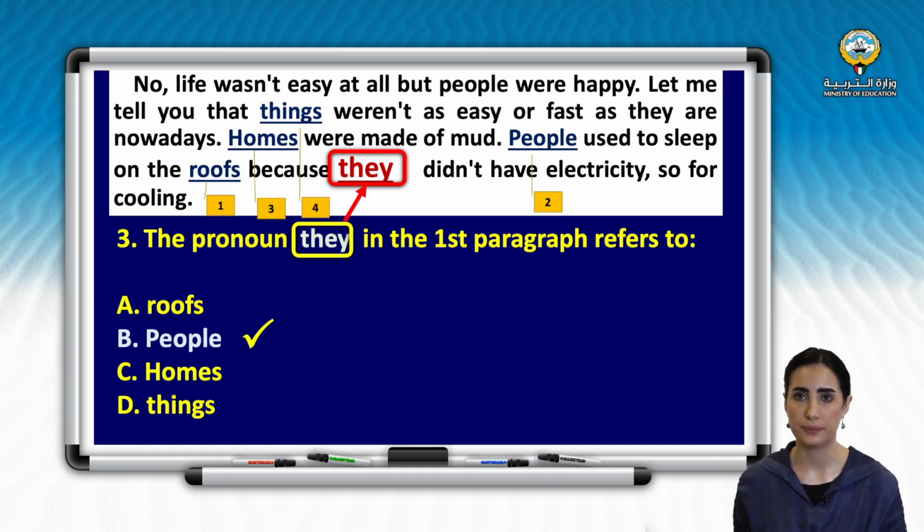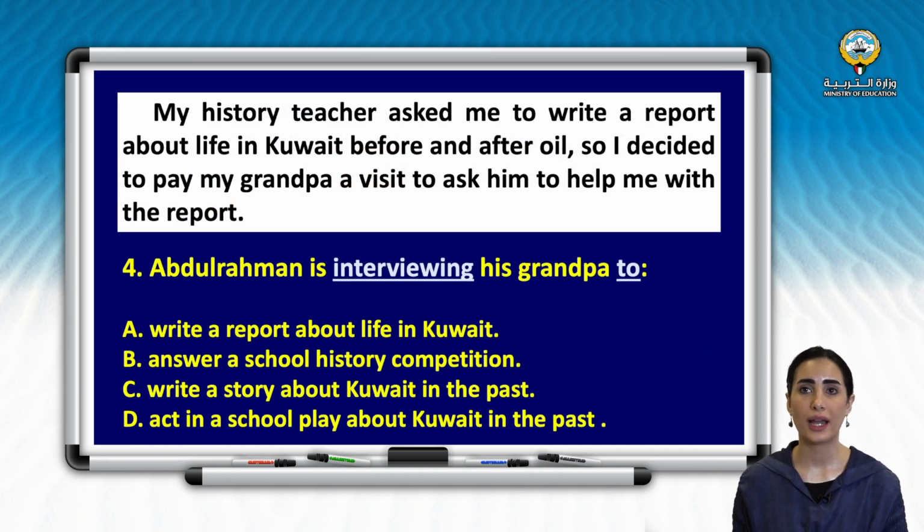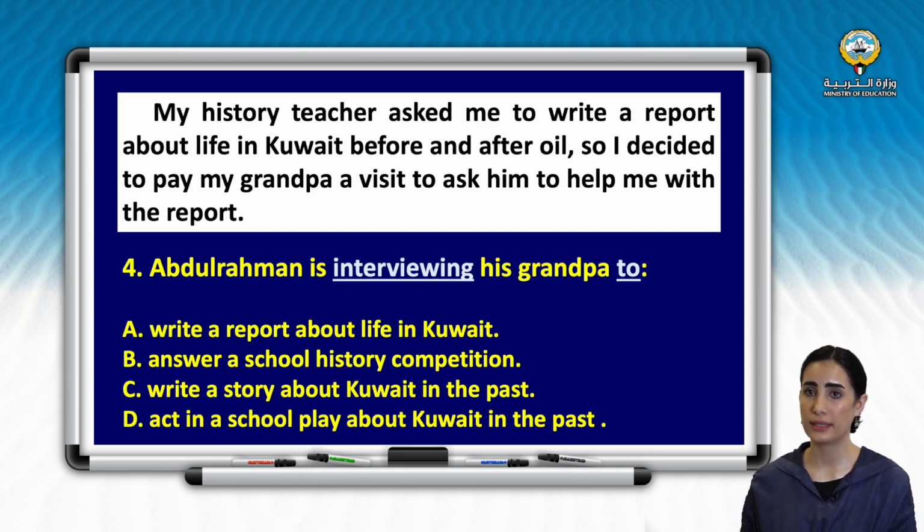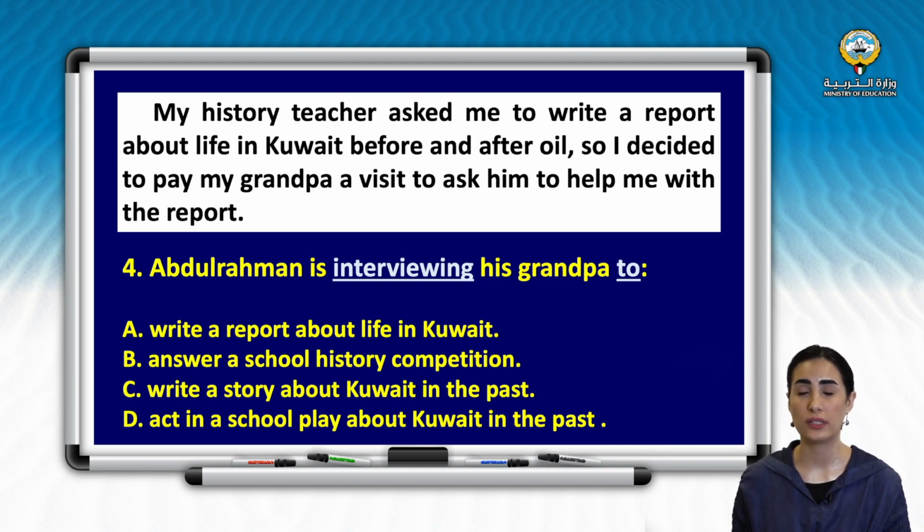That is B. Number 4, Abdurrahman is interviewing his grandpa to. Is it A, write a report about life in Kuwait, B, answer a school history competition, C, write a story about Kuwait in the past, D, act in a school play about Kuwait in the past?